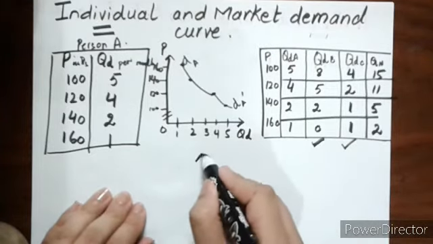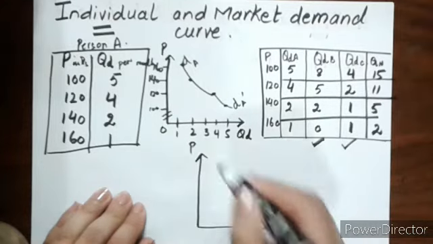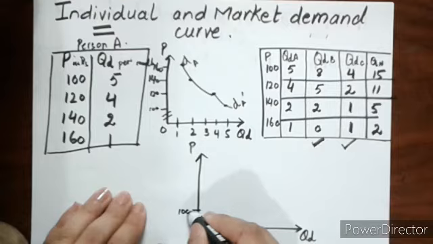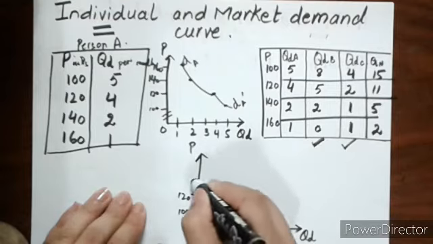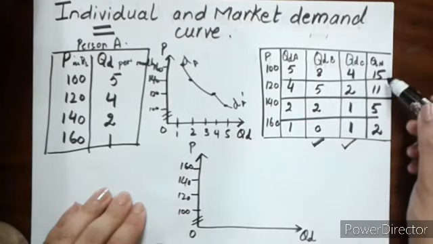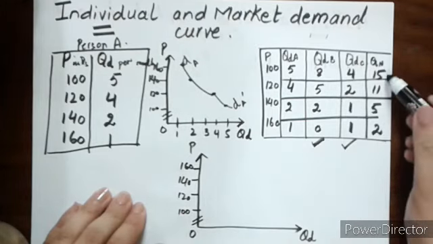So I will take price on my y-axis and quantity demanded of shirts on the x-axis. I can repeat the same procedure: 100, 120, 140, 160. Now over here my minimum value starts from 2 and the maximum goes to 15.